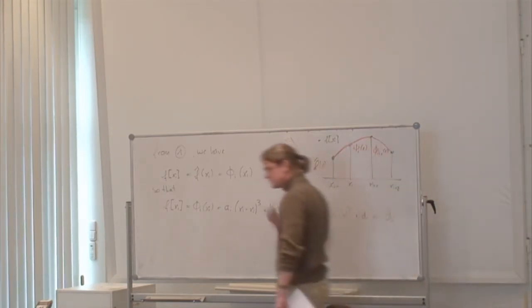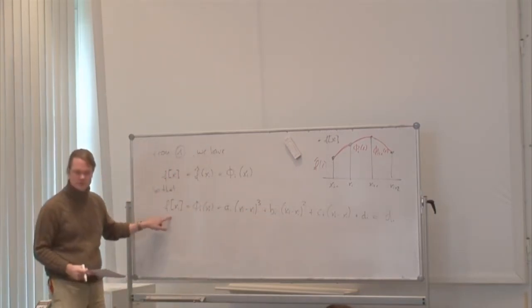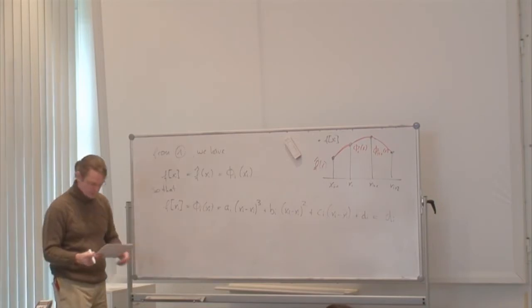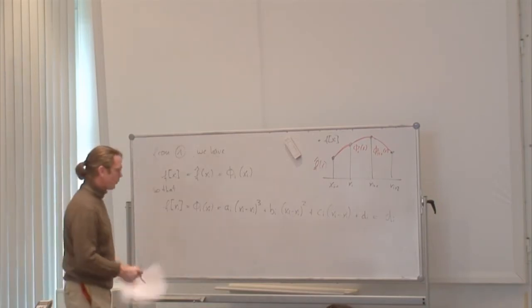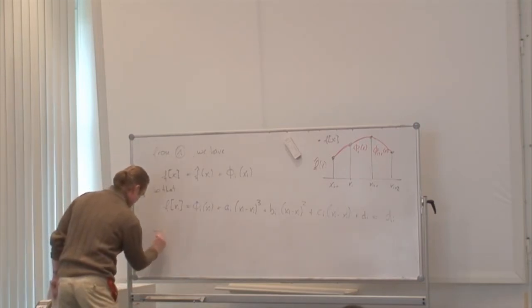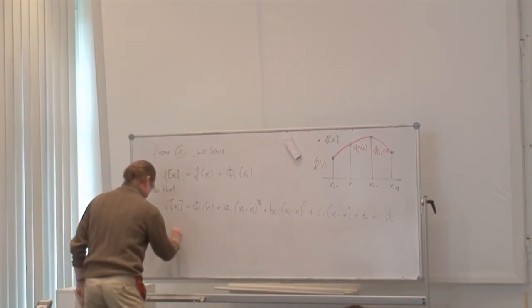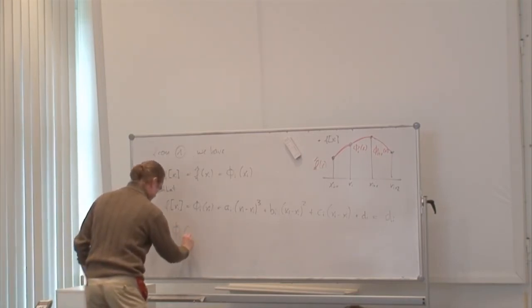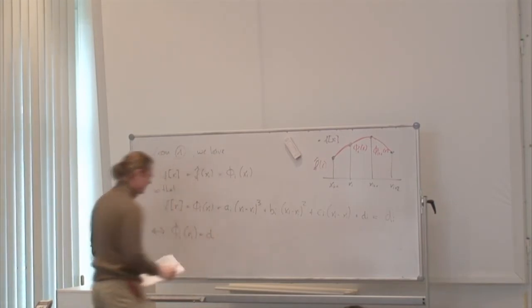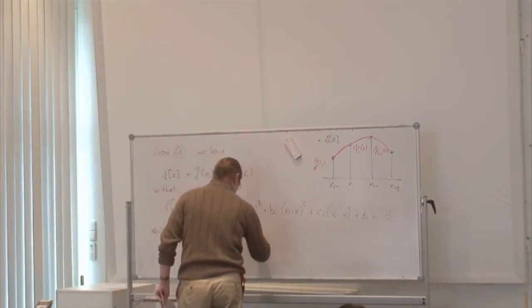The di's in these cubic polynomials are just the values of the discrete function f of xi we are given. Or, in other words, bringing it back to the cubic polynomials we're interested in, phi i at xi is exactly di. This is equation 5.